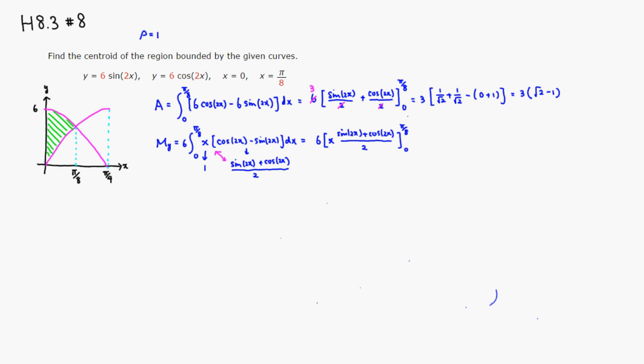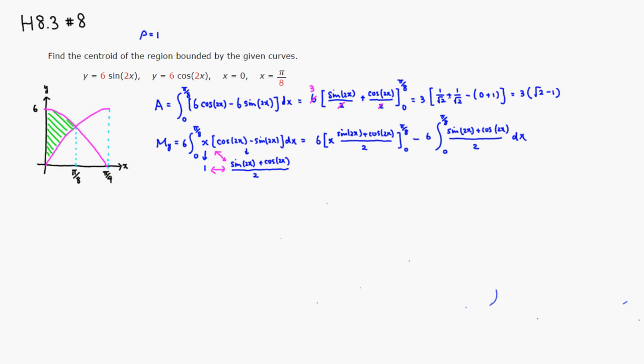And a minus, and then we have to multiply this way. We still have 6 in front, then the integral of sine of 2x plus cosine of 2x over 2 dx, going from 0 to pi over 8.